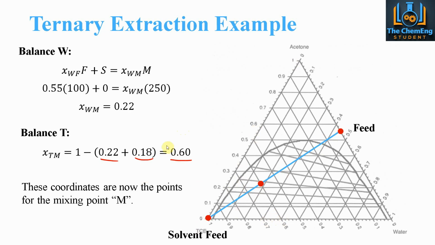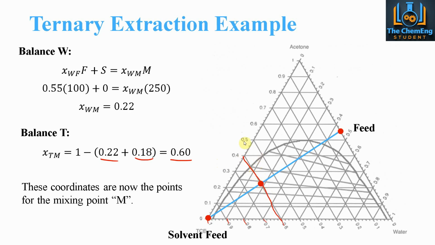For example, we know that TCE is 60%, so we go along: this is 90%, 80%, 70, 60. We know that it must lie on this line, and we can clearly see that this is the point.